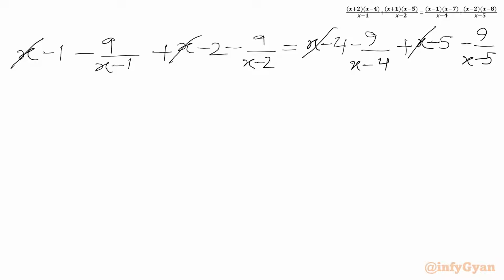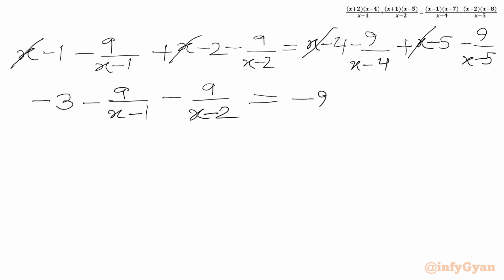Now in LHS we will write minus 3 minus 9 over x minus 1 minus 9 over x minus 2. In RHS minus 4 minus 5, minus 9, minus 9 over x minus 4 minus 9 over x minus 5. Now we will add 9 to both sides.